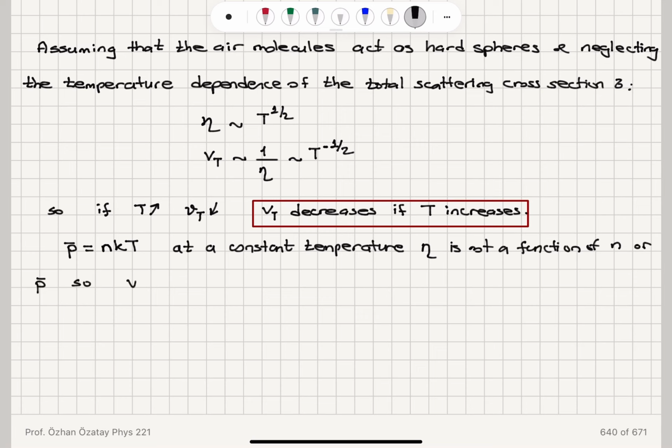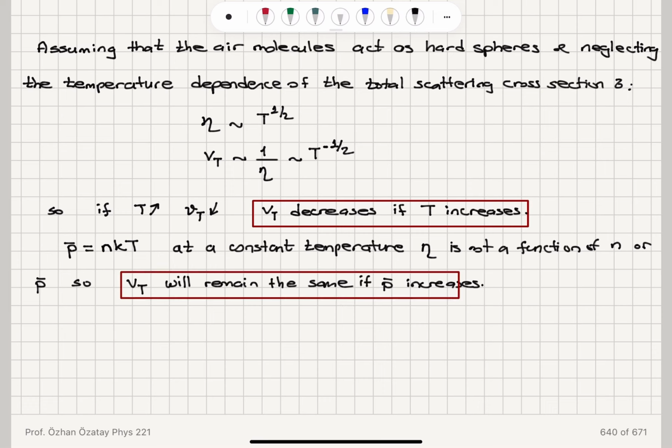So the terminal velocity, which is inversely proportional to the viscosity, will remain the same if the mean pressure of the air molecules increases.